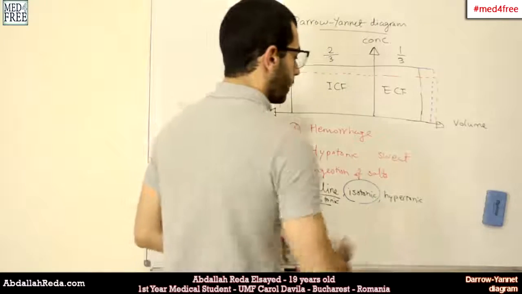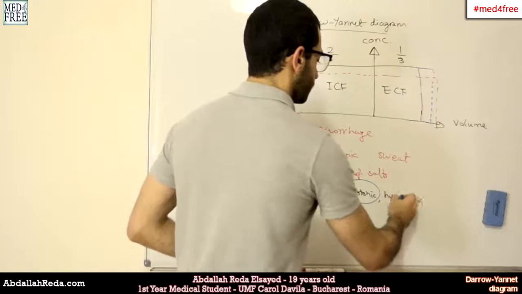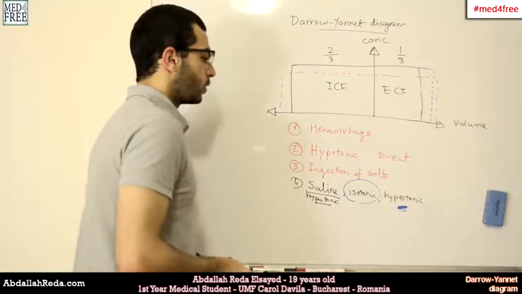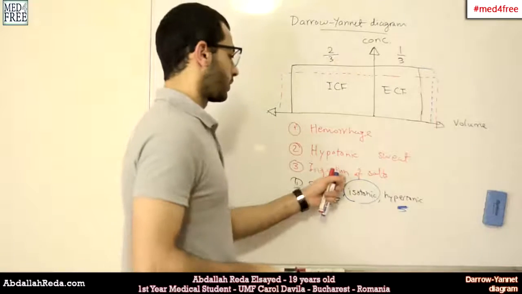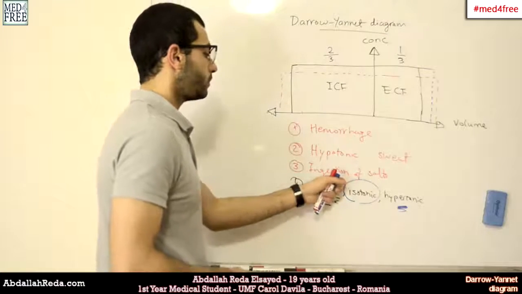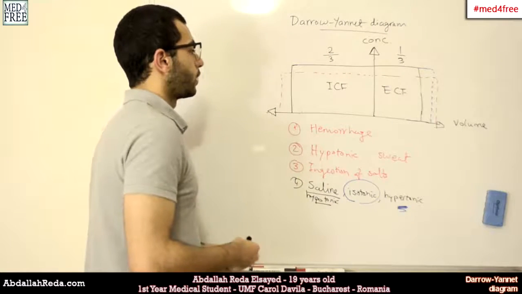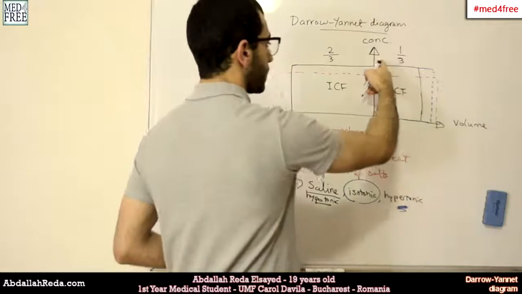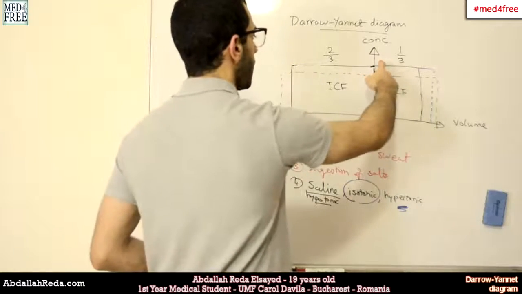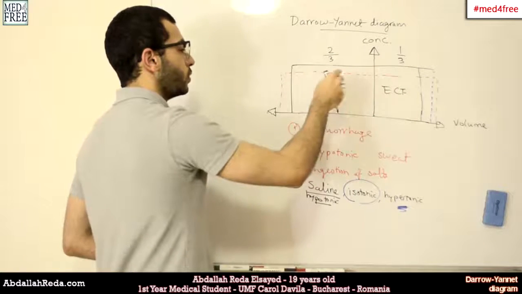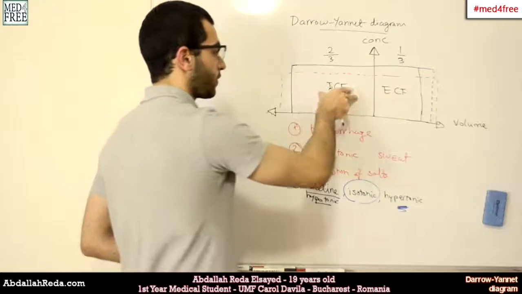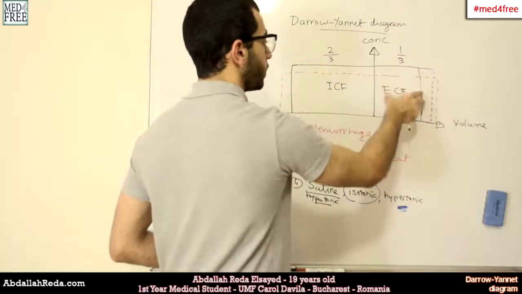For the hypertonic fluid, it will lead to something which is similar to the ingestion of salts. So it will lead to the increase in concentration in this compartment, and the fluid will move from this compartment, the intracellular fluid, it will shift from here to here, increasing the volume of this compartment.